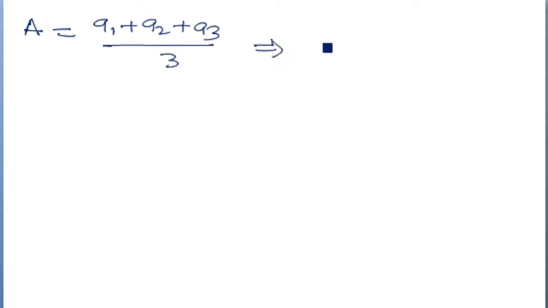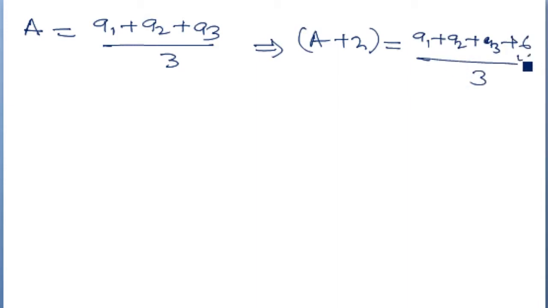Earlier, a was the average, like a1 plus a2 plus a3 by 3. Now we are increasing the average by 2, so we need to add 6. Various situations are possible.